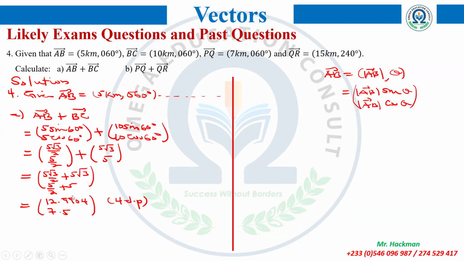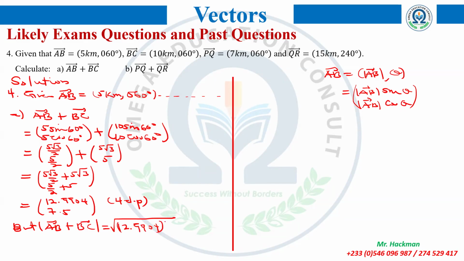And again, the bearing, so that we can write this one in magnitude-bearing form. Quickly, let's find the bearing. This implies that the magnitude of my AB vector plus my BC vector will be equal to the root of 12.9904 squared.